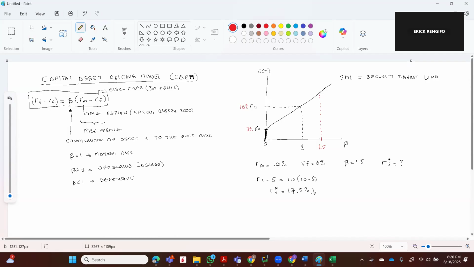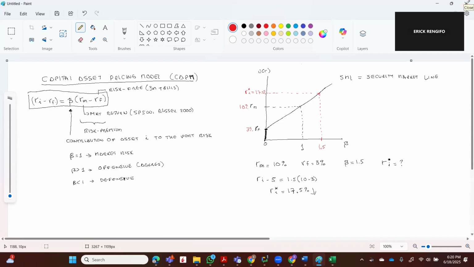According to this model, guys, my Ri star should be equal to 17.5%. Okay, so this is my model. So that's why the CAPM model, guys, is a benchmark model. Okay, the benchmark model by definition means that in theory, this is what should happen, right? But in real life can happen something different.